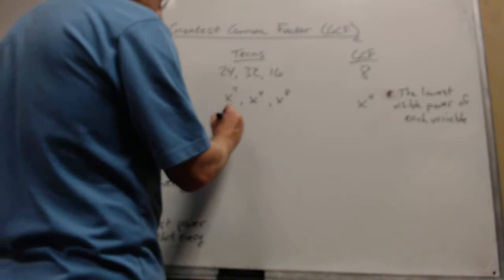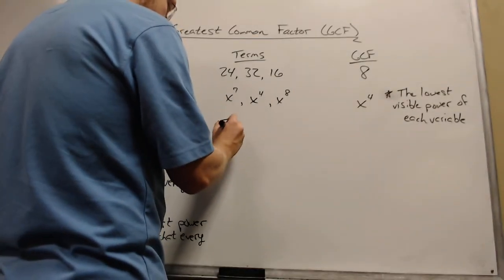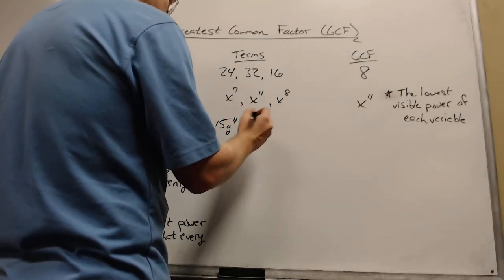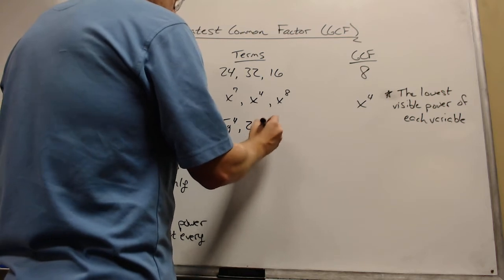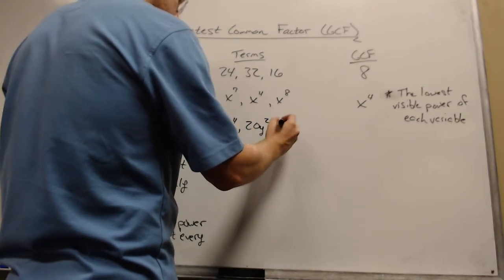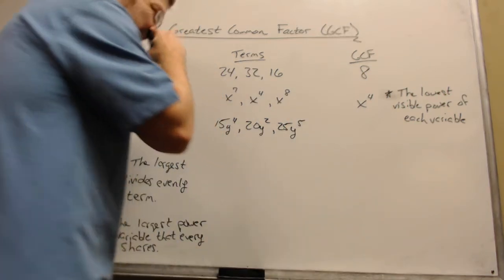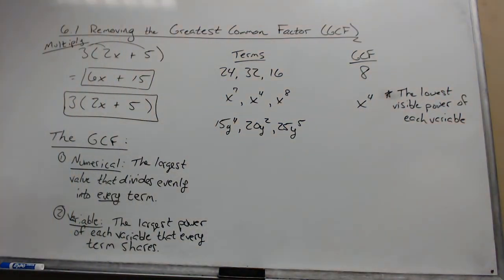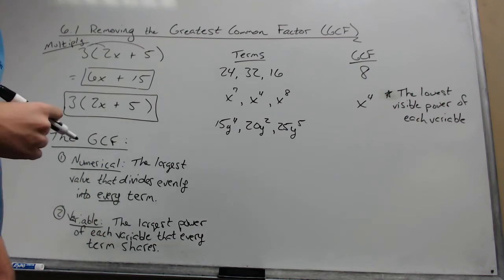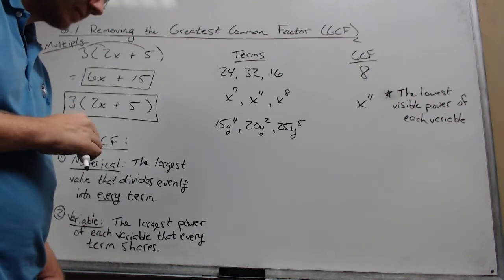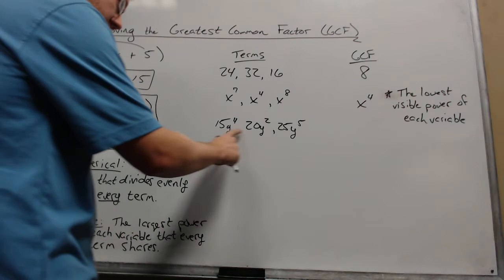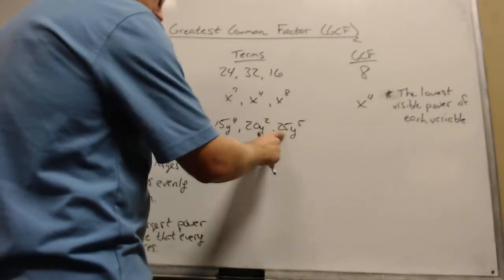So let's do a mix and match here with 15y to the 4th, 20y squared, and 25y to the 5th. Between these three terms, numerically, 15, 20, and 25, they have a common factor.